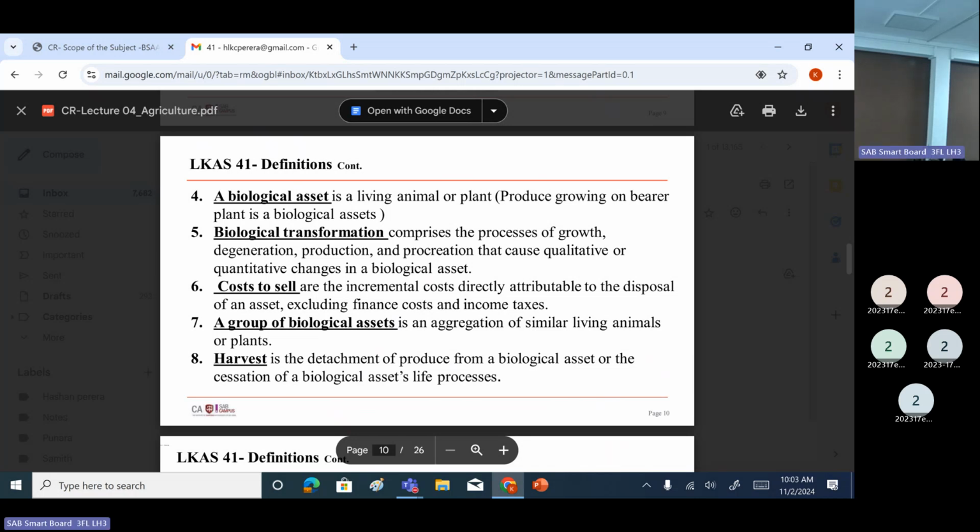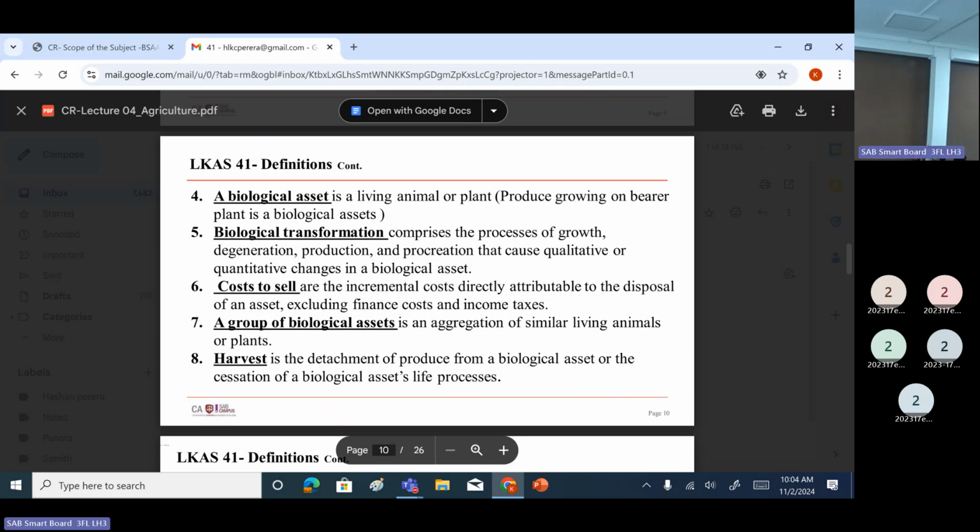And then cost to sell, harvest, a group of biological assets. Cost to sell, the definition in the standard, it's a common concept. They are always discussing cost to sell, fair value less cost to sell.